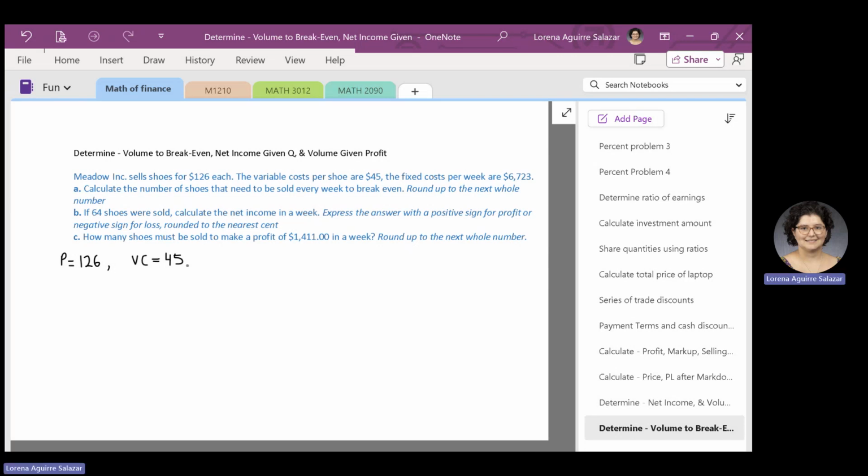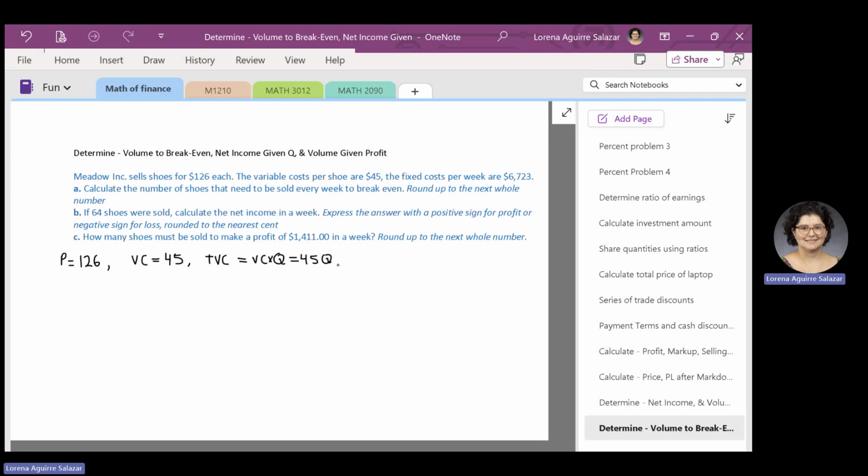The total variable costs come from multiplying variable costs by the number of units that are produced and sold. So we take those $45, multiply them by Q, where Q is the number of units that are produced and sold.